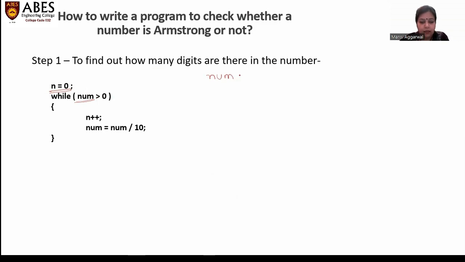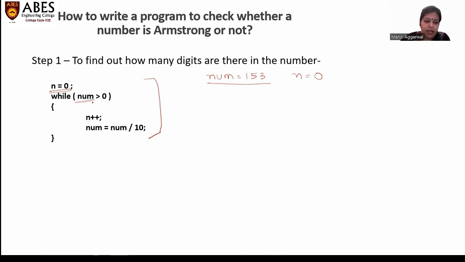Suppose we are taking the original example where num is considered to be 153. The value of n at the starting of this loop is 0. Let us now try to understand how this simple code will give us the number of digits of this number.